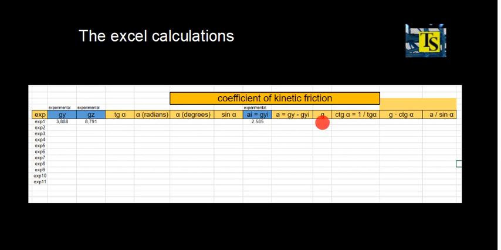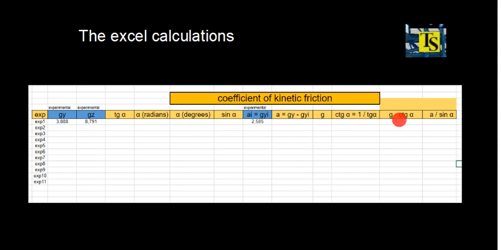Then g, that you know is 9.81. The cotangent of the angle is the reciprocal of the tangent. You have here the tangent, then 1 divided by this is the cotangent of the angle. g times the cotangent, very easy: you multiply g times the cotangent.